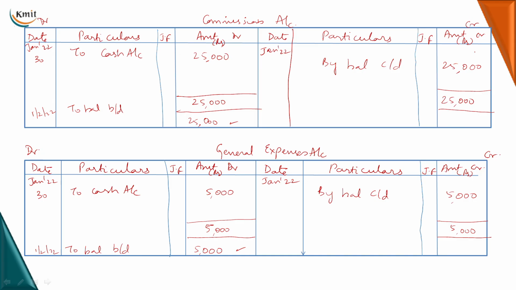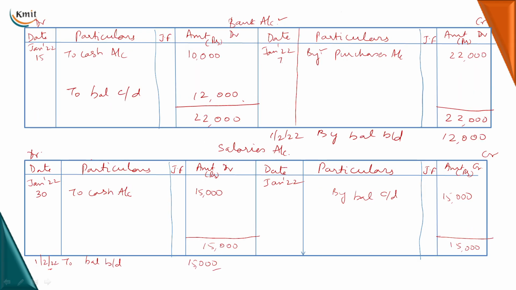So all these brought down balances, whichever side they appear on, on the same side they will be entered in the trial balance.